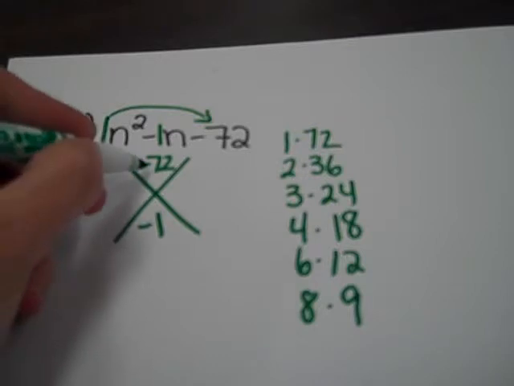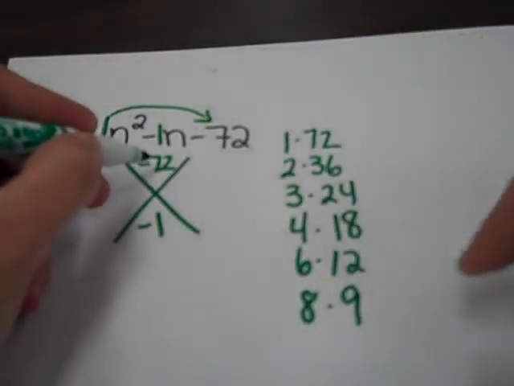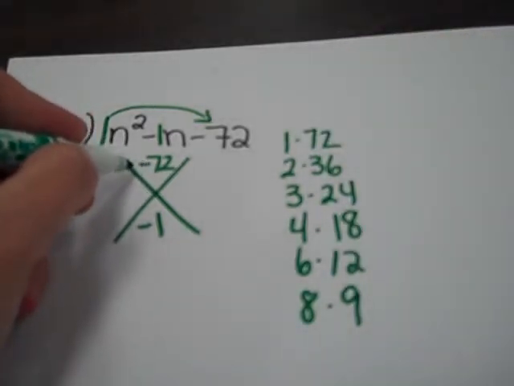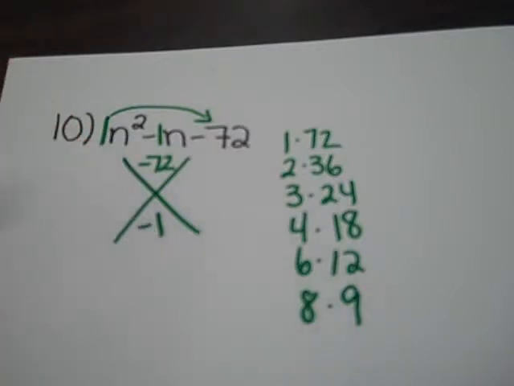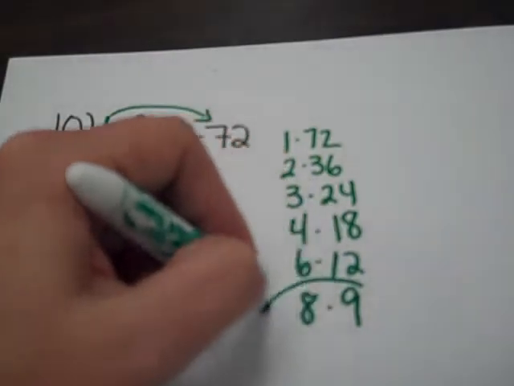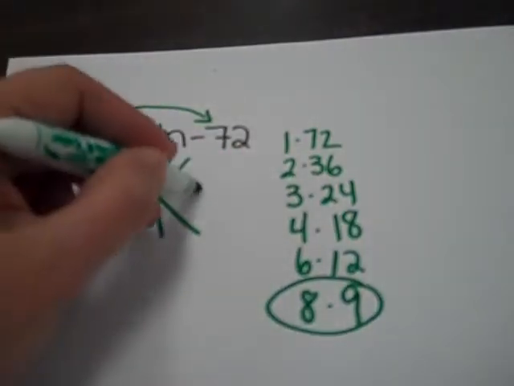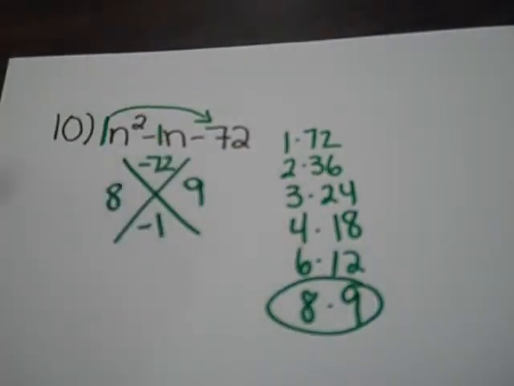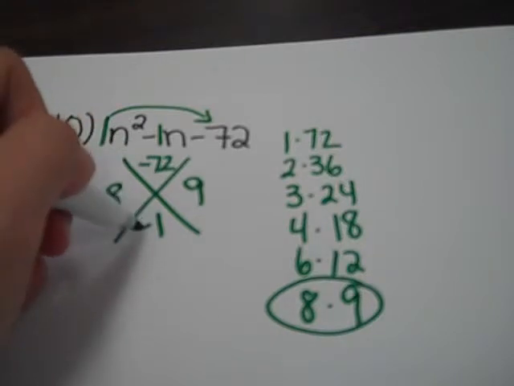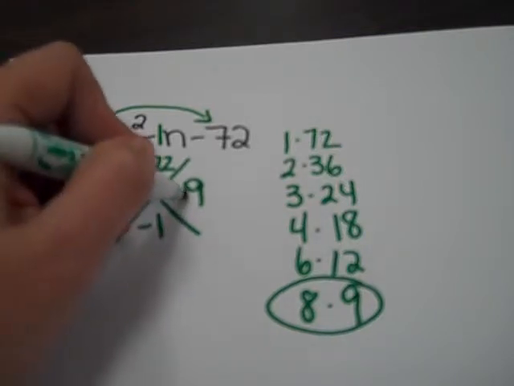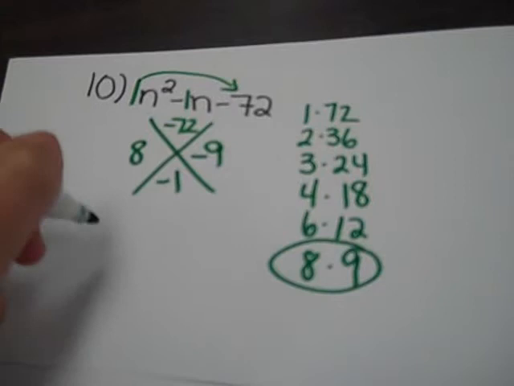Okay? Now, one side has to be negative, and the other side has to be positive to get negative 72 when we multiply. When we add, we need negative 1. 8 and 9 are the only ways possible to get 1 if we subtract. Because my b is negative, my bigger number has to be negative.